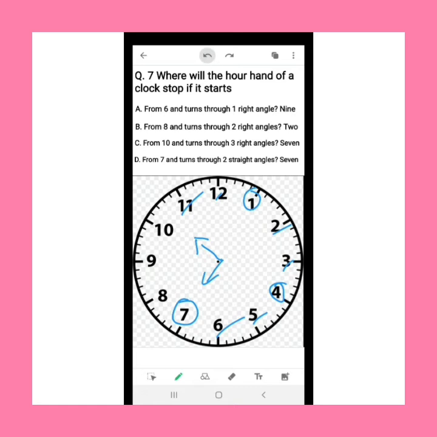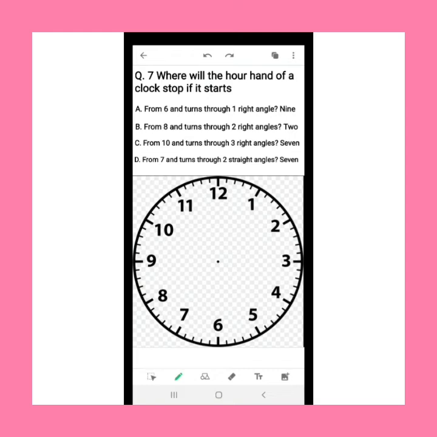Then from 7 and turns through 2 straight angles. Straight angle, as we discussed earlier in this video, is making 180 degree.